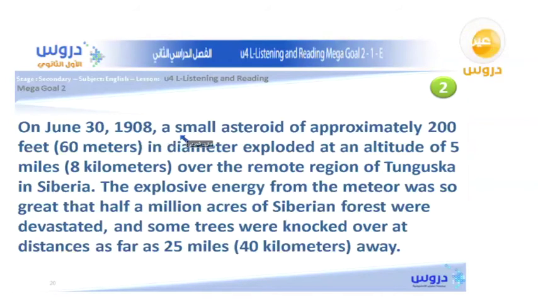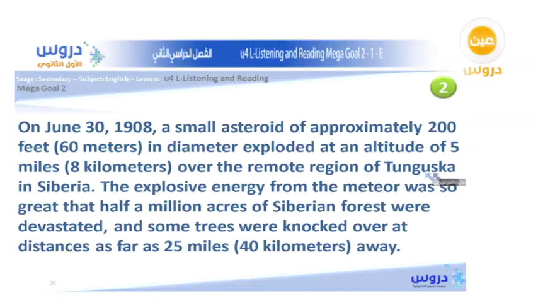The explosive energy from the meteor was so great that 500,000 acres of Siberian forest were devastated, and some trees were knocked over at distances as far as 25 miles or 40 kilometers away.